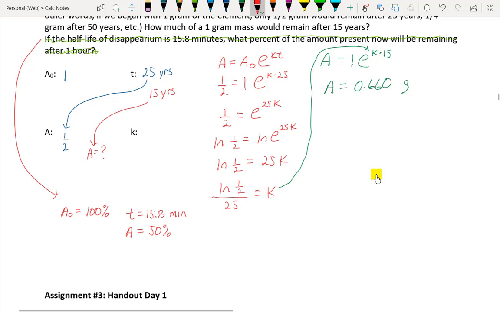They want to know how much will be remaining after 1 hour. So that 1 hour is actually 60 minutes. My initial amount's not going to change. What's going to change here is my time is going to equal 60 minutes, and I want to know the amount after 60 minutes. Because I'm using percents, my amount will come out as a percent.